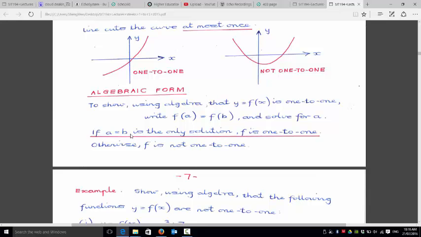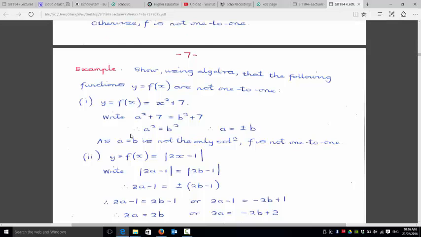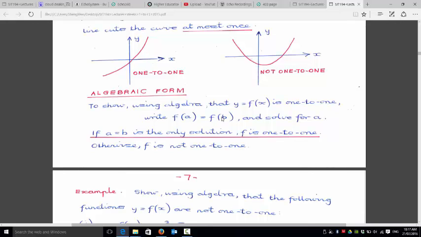So here we have an example. Remember this method. We just write f(a) is equal to f(b) to check whether a is equal to b is the only solution for this equation. If it is, the function will be a one-to-one function. Otherwise, f is not a one-to-one function.